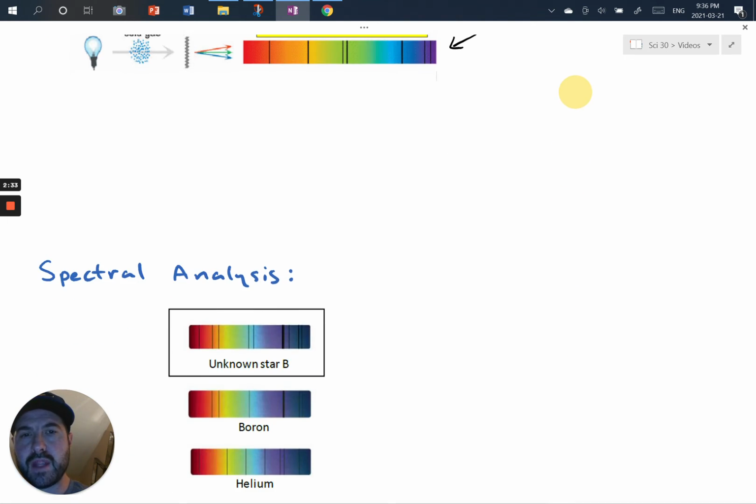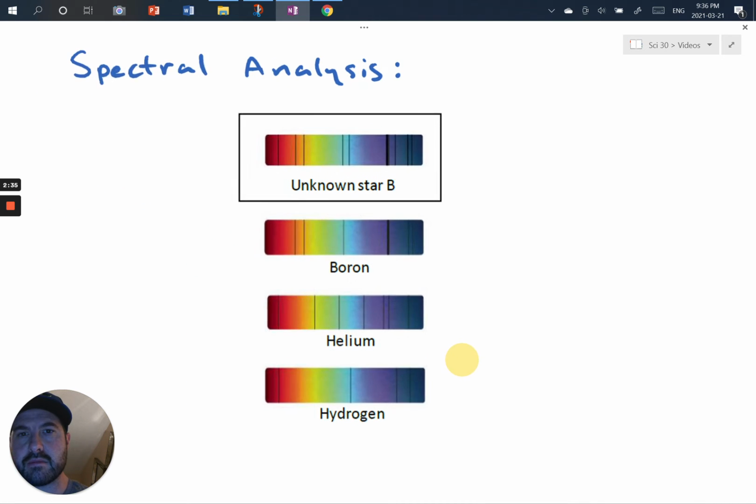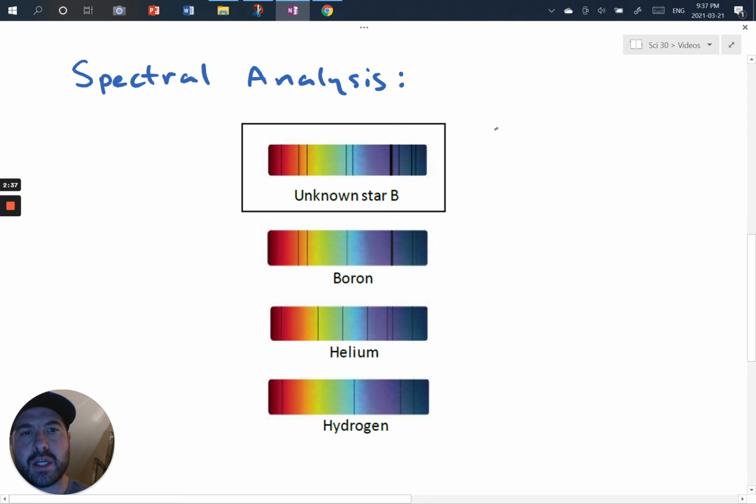So for an example of this, we look in space, we gather light from a star, we pass it through a diffraction grating, which spreads out the light into the spectra, and some of the wavelengths are missing.